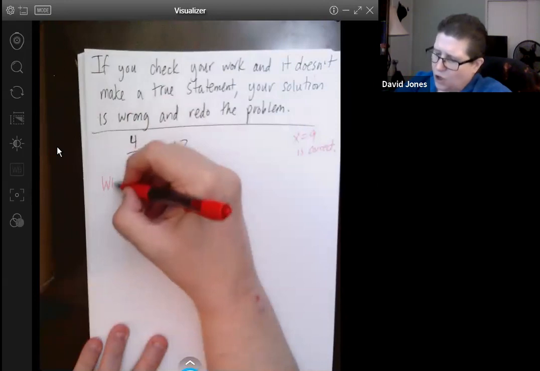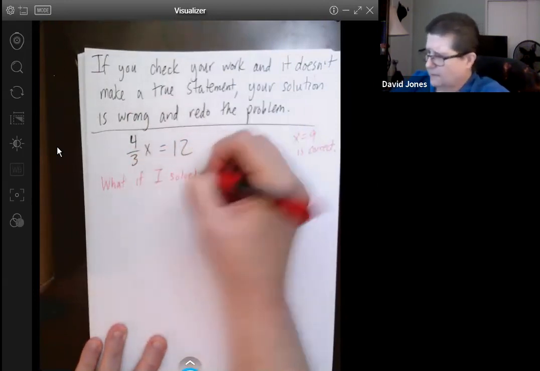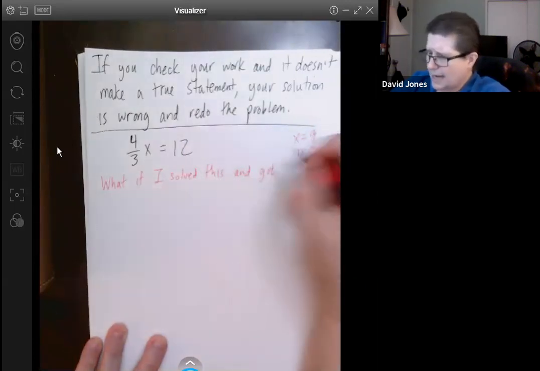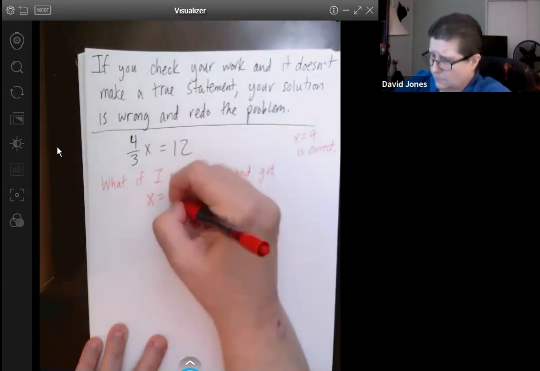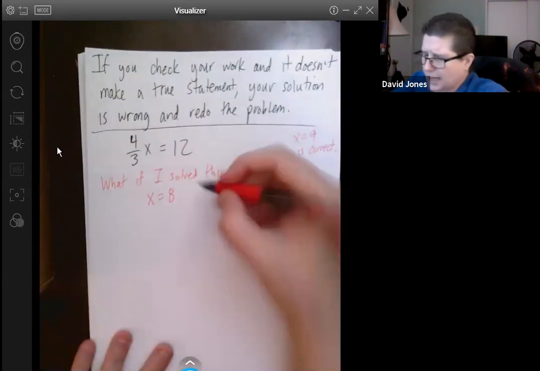What if I solved this and got x equals 8. Let's do the check.